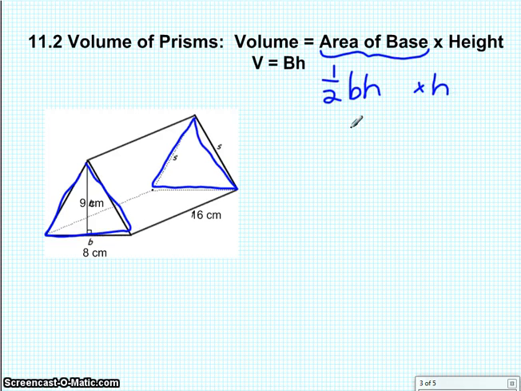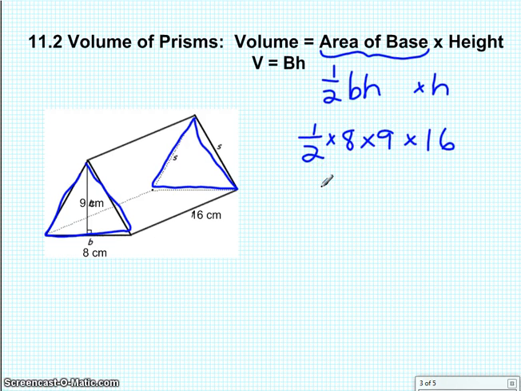So let's plug these in. It's going to be 1/2 times the base. In this case, the base of my triangle is 8, times the height of my triangle, which is 9. And then I will multiply it by the height of the triangular prism, and that height is 16. Okay, so that's the first step. Let's do 1/2 of 8, which is 4.